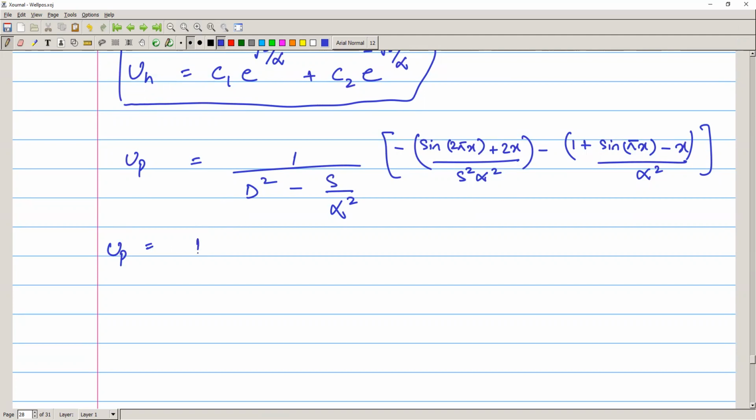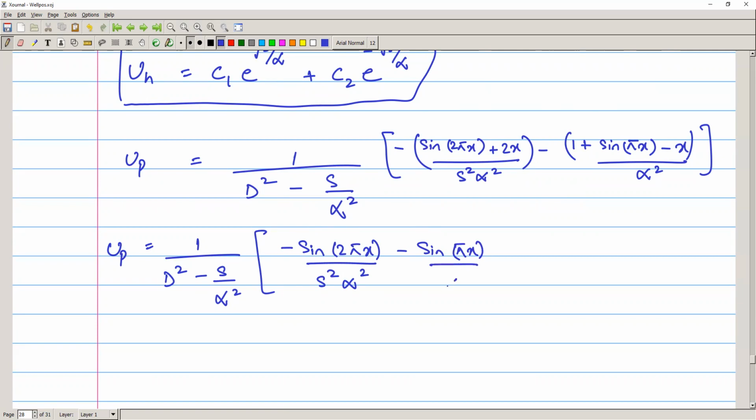So we can write in this form 1 over (D squared minus s over alpha squared) times minus sin 2 pi x over s squared alpha squared, then minus sin(pi x) over alpha squared, minus 2x over s squared alpha squared, and then minus 1 over alpha squared, then plus x over alpha squared.